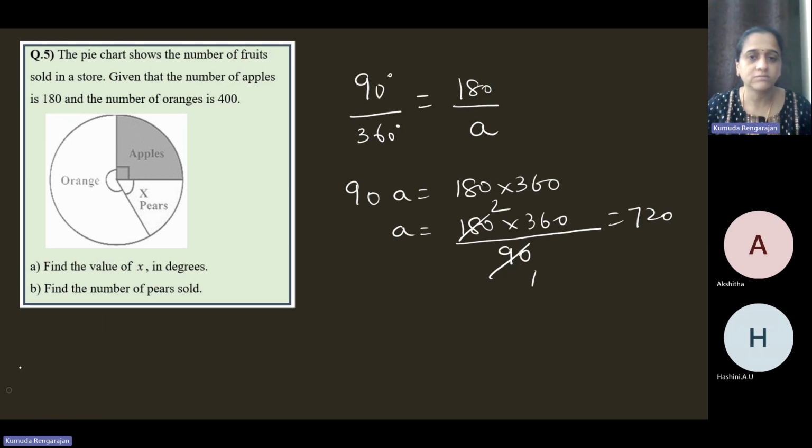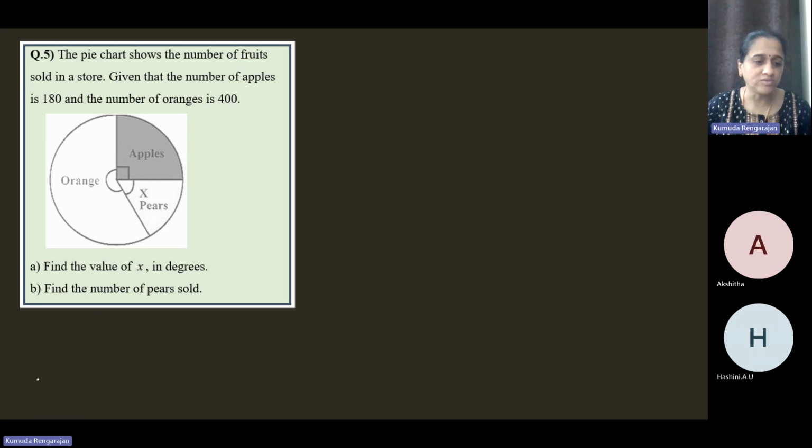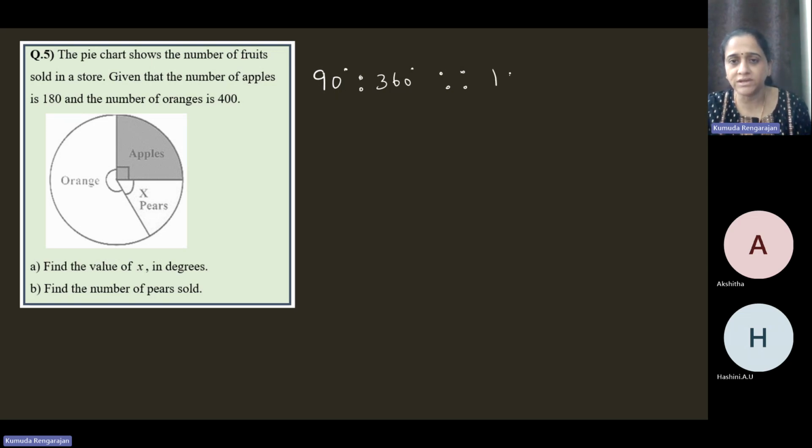So see here. Just watch me write. I'm not going to explain. The proportion is: 90 degrees is for apples, as to the total central angle. This is for apples. How many apples? 180 is to 360, the total central angle. So the total number of fruits you'll get here.